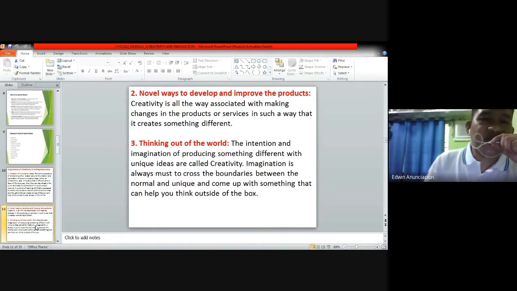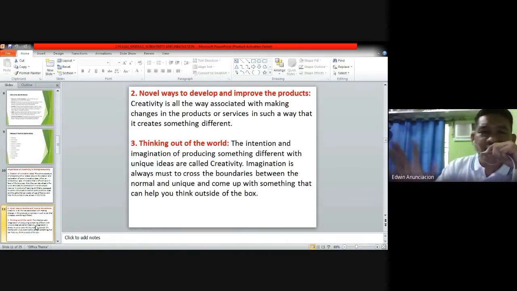Okay? And then, thinking out of the world. The intention and imagination of producing something different with unique ideas are called creativity. Ito ba? Alam naman natin yan. Okay, something different. Imagination is always a must to cross the boundaries between the normal and unique and come up with something that can help you think outside the box.